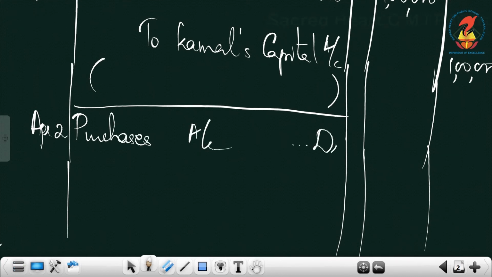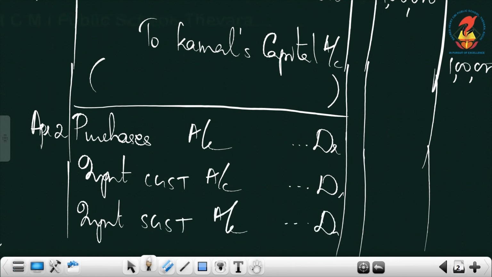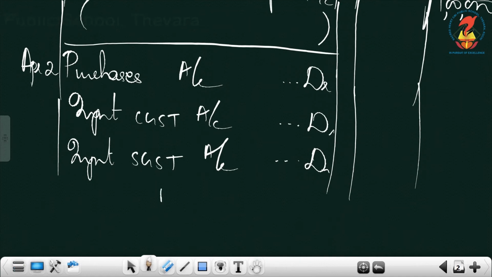So it is purchases account debtor, input CGST account debtor, input SGST account debtor. Are we paying cash or cheque? It's cash. So to cash account.